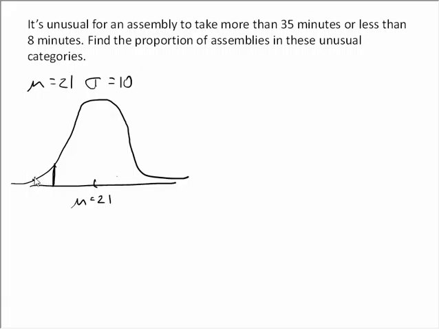So really, we're looking for this little piece, aren't we? That's at 8 minutes. And over on this end, we want guys that are greater than 35 minutes. Doesn't matter that I'm not drawing these exactly.